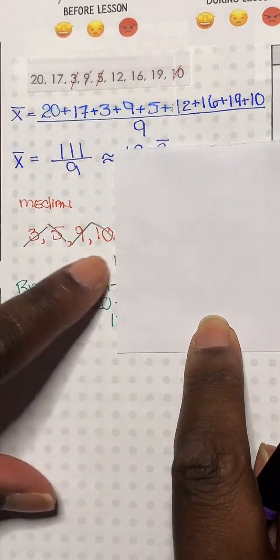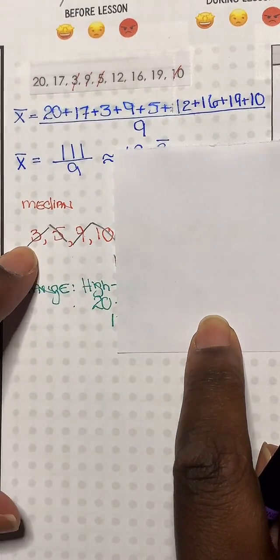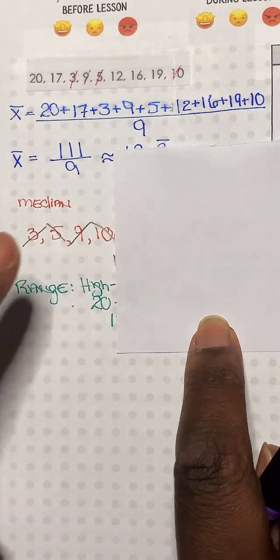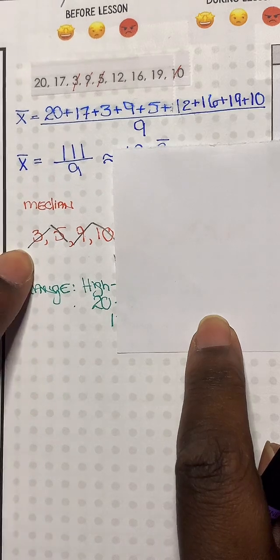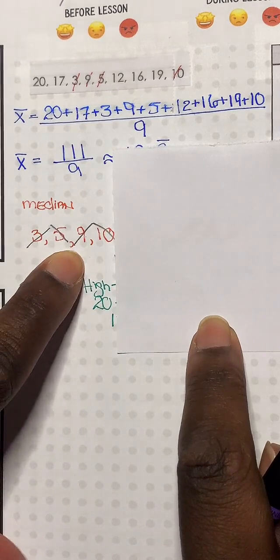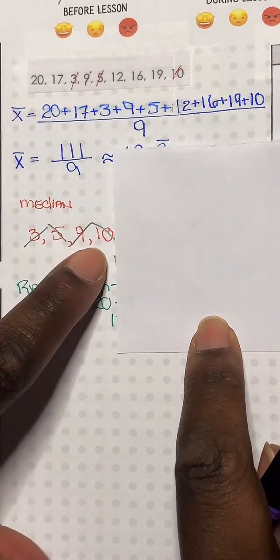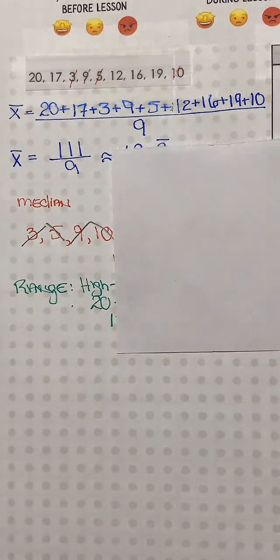Now, I want to find the median of my lower numbers, which is 3, 5, 9, and 10. What will be my middle number or my median of these 4? Go ahead and put it in the chat.